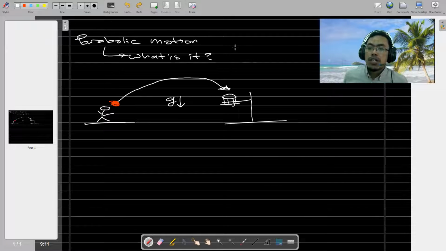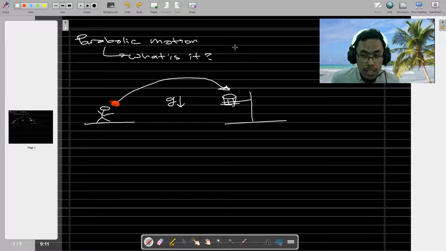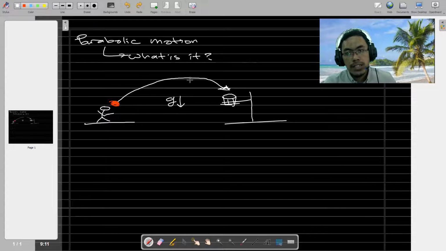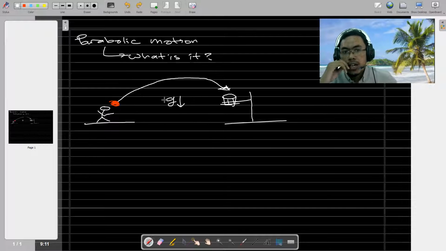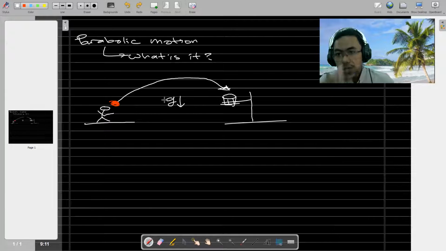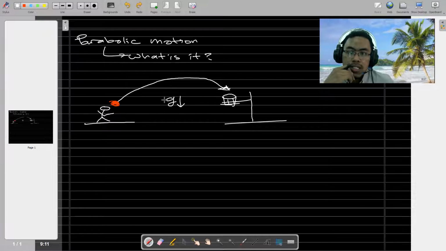But because we are living on the surface of the Earth, and we have gravitational force, the path will be like this. So this is the definition of parabolic motion. Maybe you have your own definition, but all the definitions will be similar to what I have drawn here.